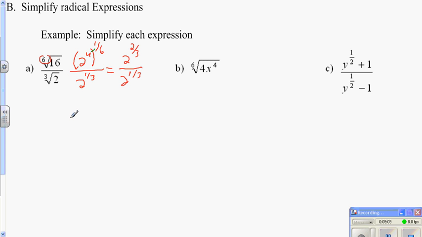And the rules of exponents say that we can take the power of the top one and subtract the power of the bottom one, which gives us 2 to the 1/3, which will give us the cube root of 2. I'm going to stop here so I can stay within my 10-minute limit, and then I'll start a second piece for the end of this lesson.